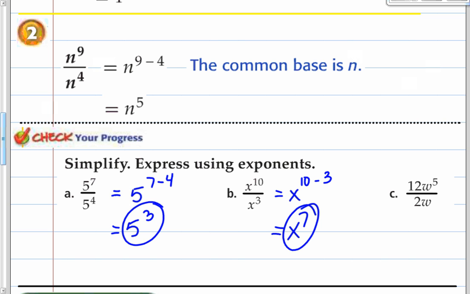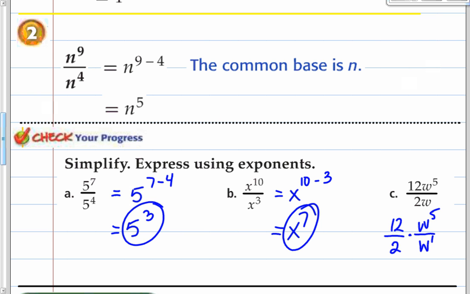Last one, they throw something new at you here. They throw coefficients into the problem. Simply, what I would do is notice I have 12 over 2, but I also have w to the 5th over w. I'm going to break it into 2 math problems. What's nice is when you do this, all you're really doing is splitting out multiplication.